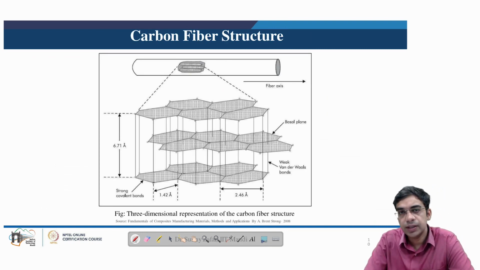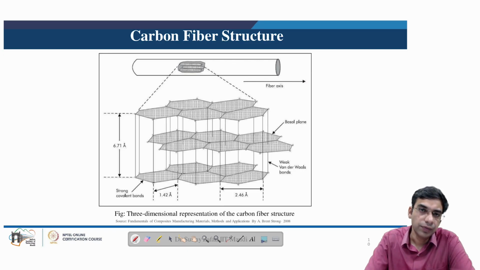Now next is the discussion on the properties that carbon fibers offer. As we have seen, carbon fibers offer high strength, high stiffness and high tensile modulus. Now the question is why such properties are possible with carbon fibers.